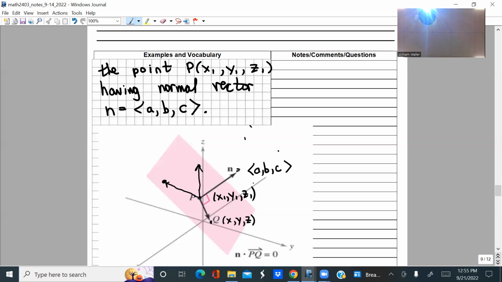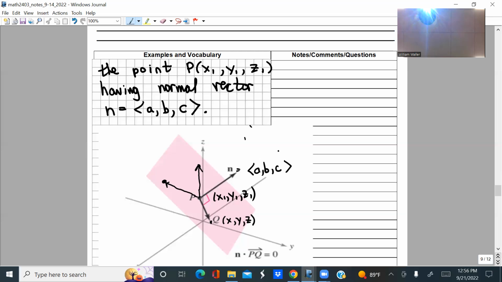That's fixed. Now, if you find the vector between your given point and your variable point, here's the picture of that vector that the book drew. Of course, if the point were over here, the vector would look like this, or if the point was up here, it would look like this. But the vector between your given point P and your variable point Q is going to fall in the plane, because Q is also in the plane.